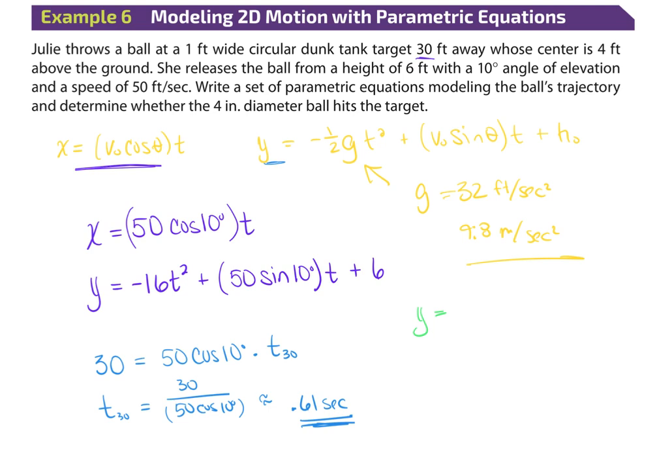Well, it's going to be negative 16 times my time, 0.61, squared, plus 50 sine of 10 times 0.61, plus an initial height of 6. All right? So plug that in and see what you get. You should get approximately 5 feet 4 inches. All right?